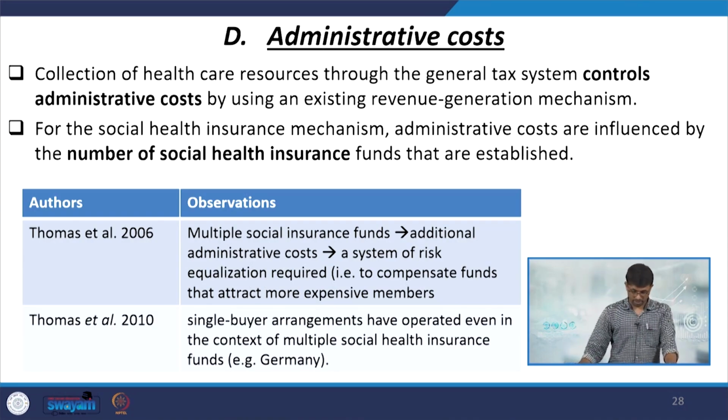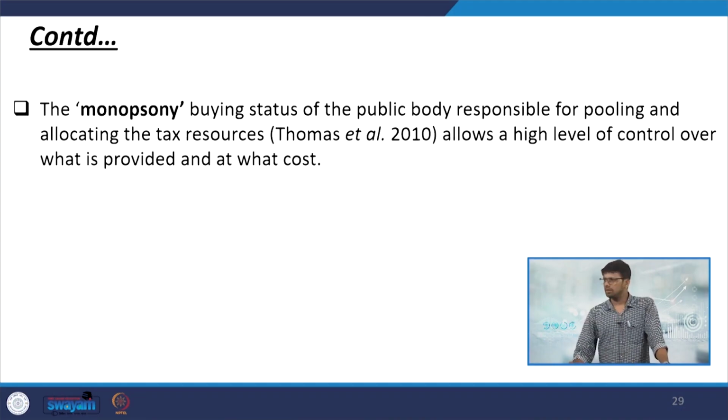In another paper they discuss single buyer arrangements. In that case they said single buyer arrangements have operated even in the context of multiple social insurance funds. The most important example cited for this case is Germany.